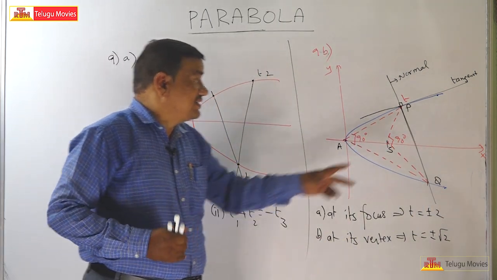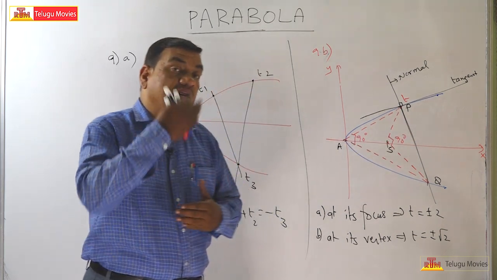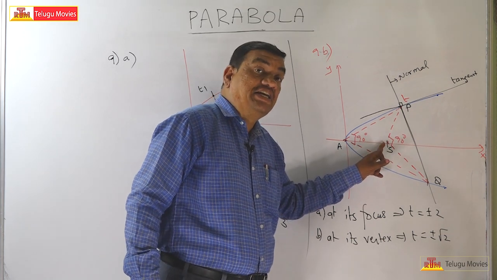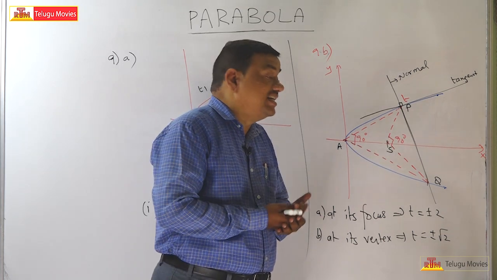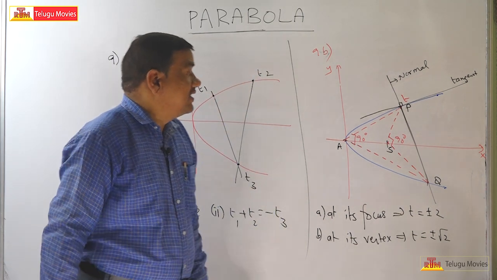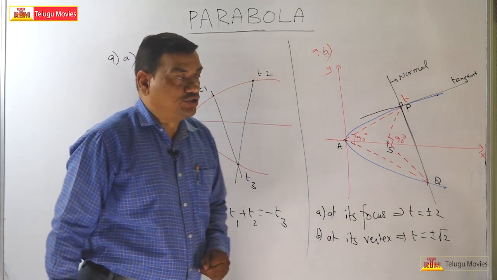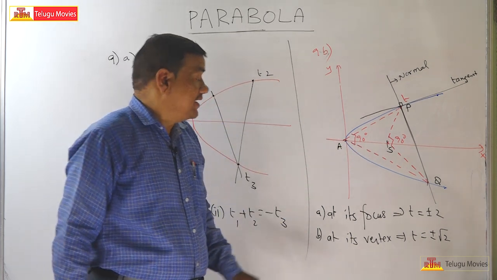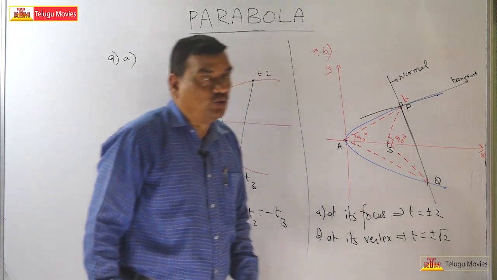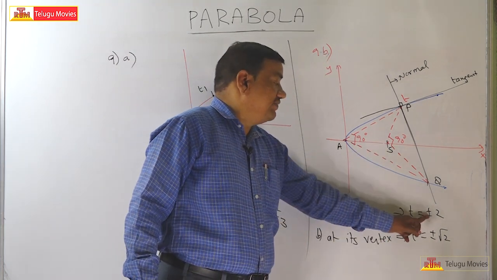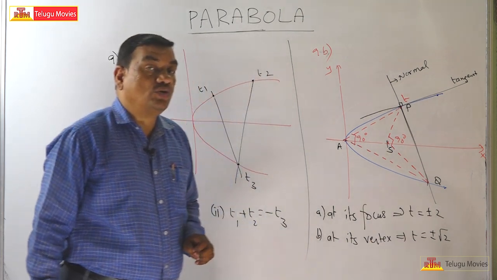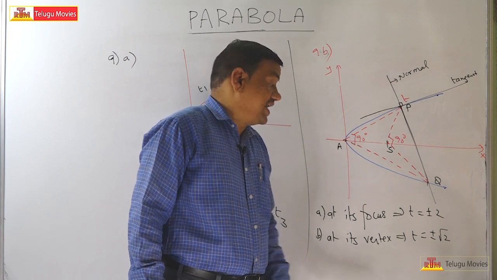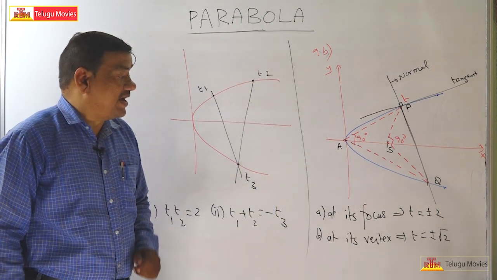If this line segment PQ of the normal makes an angle of 90 degrees at the focus, then t is equal to plus or minus 2. If it makes 90 degrees at the vertex A, then t is equal to plus or minus root 2.